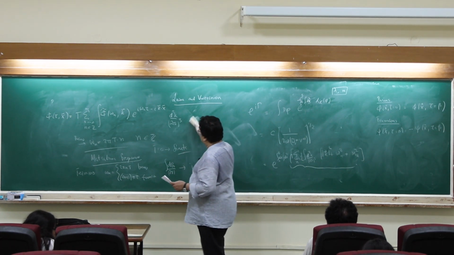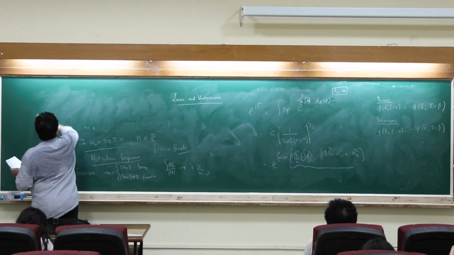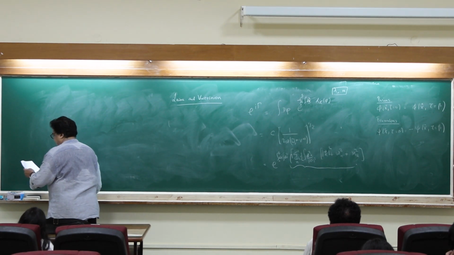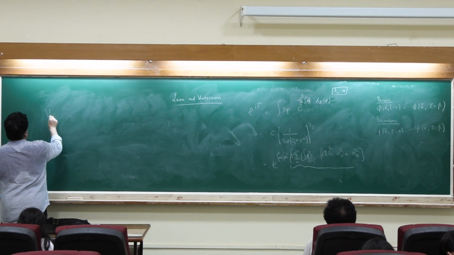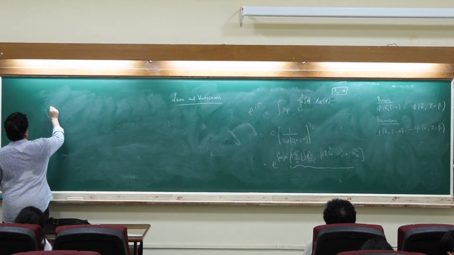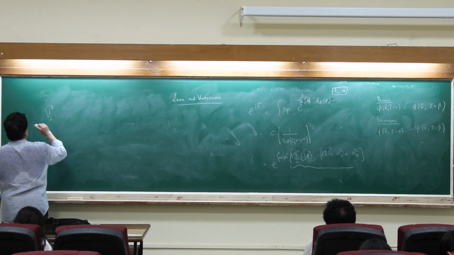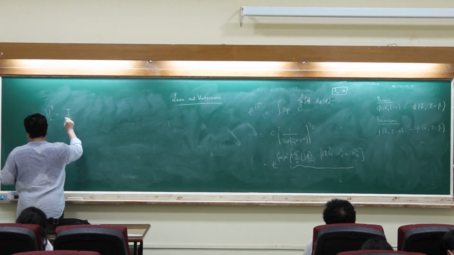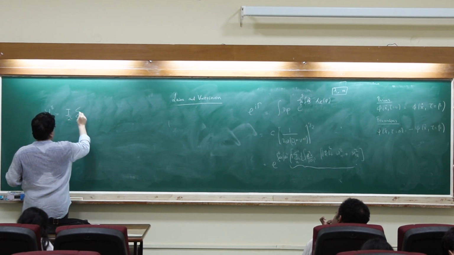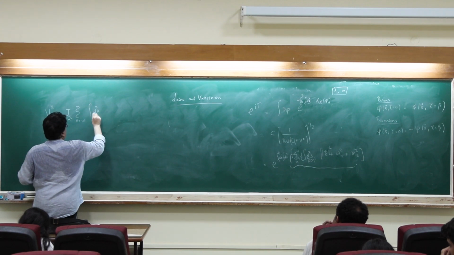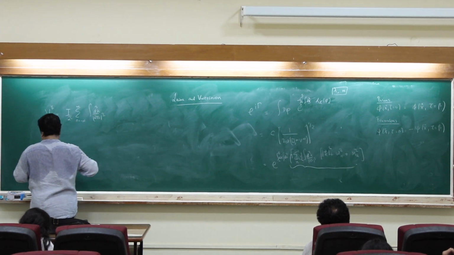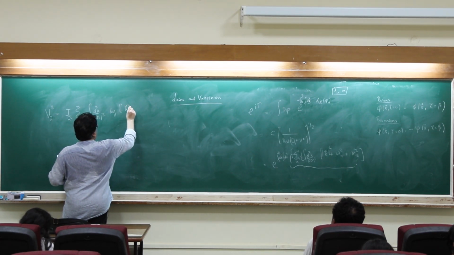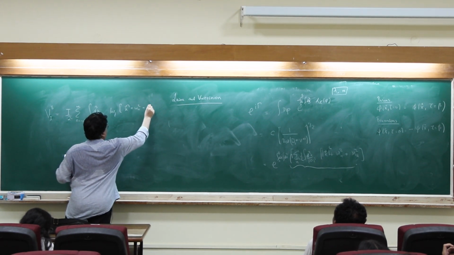So in the end, V of beta for bosons, or let me call it V of T at finite temperature, is going to give me T by 2, sum over n from minus infinity to infinity, d cube k upon, log of k square plus omega n square plus m square.